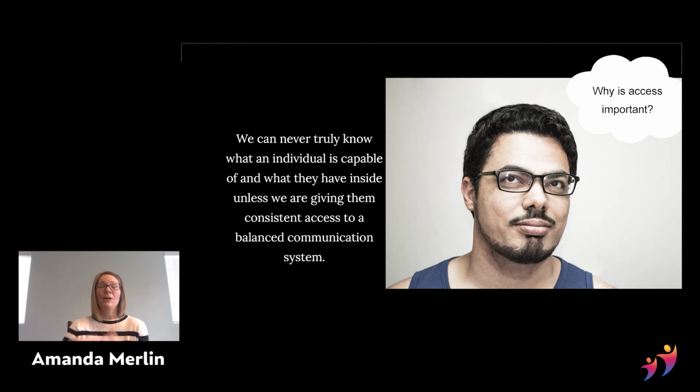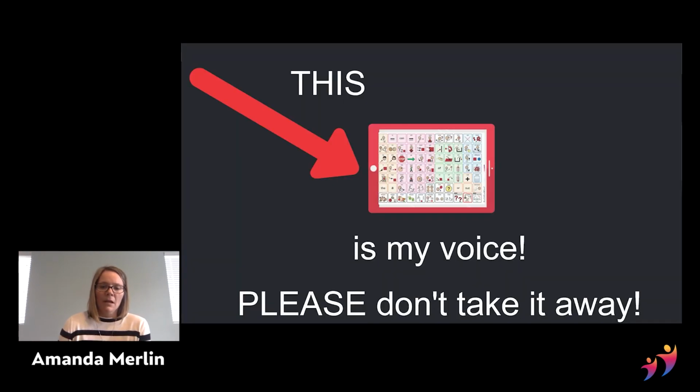So putting up this extra roadblock of this burden of proof is just very unfair. So we never know what a person is capable of unless we give them consistent access. So it goes hand in hand with presuming competence, and it's just the foundation. It's a great foundation. So again, this is somebody's voice. We can't take away our voices, so we're not going to take away our AAC users' voices.